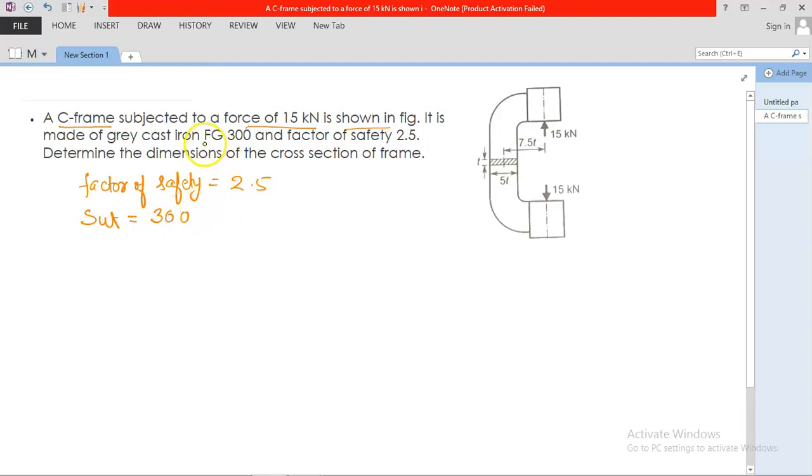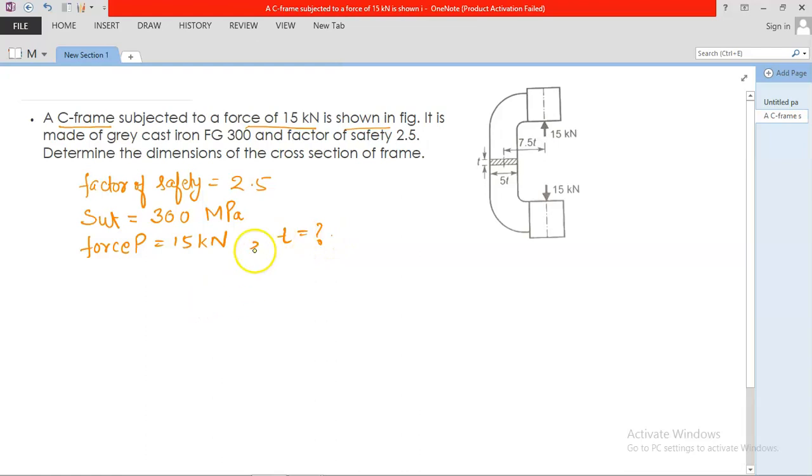Anything written after Fg for grey cast iron is its ultimate tensile strength, so it is in megapascal. Now the force P is given as 15 kilonewton, and you need to find the dimensions. Every dimension is given in the form of t, so we need to find t. So these are the things that are given.